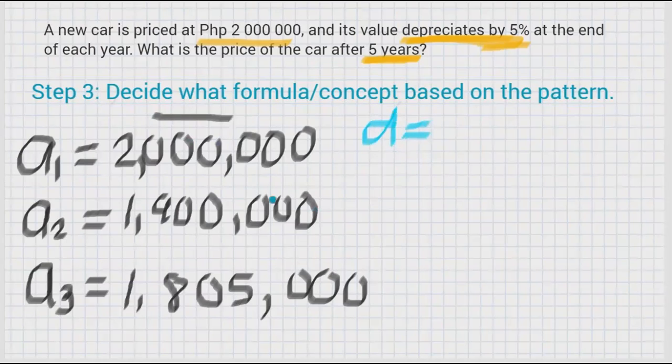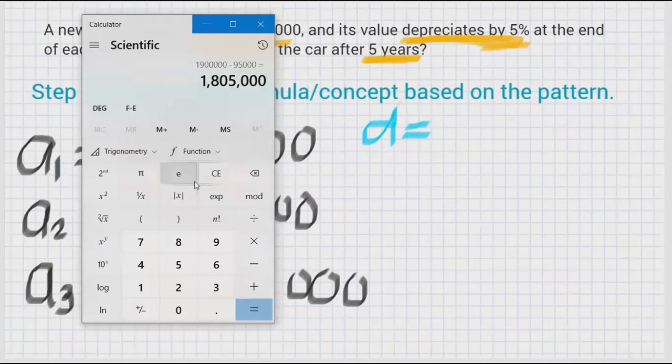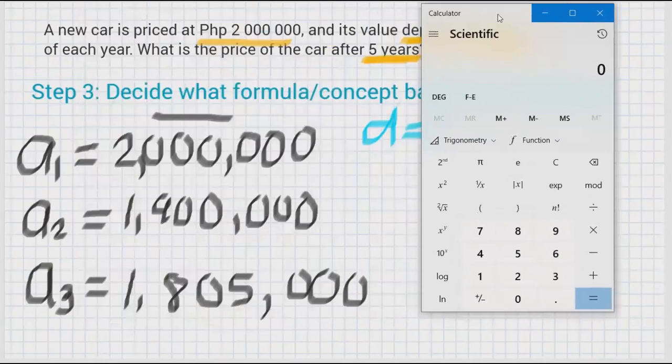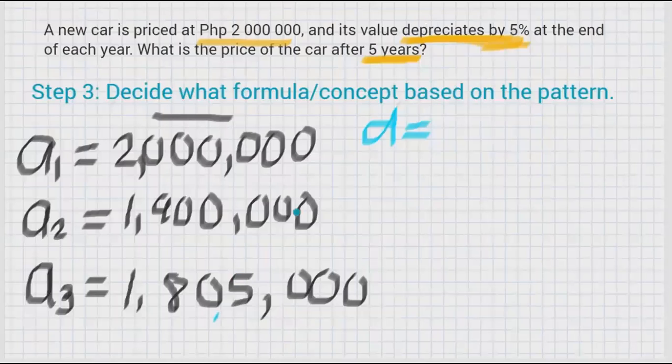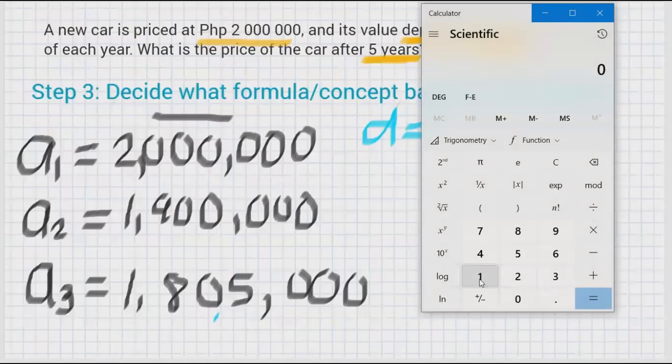How do we get the common difference? We subtract 2 million minus 1,900,000, which is 100,000. That's their difference. What about the second and the third? Is their difference the same as the first and the second term?